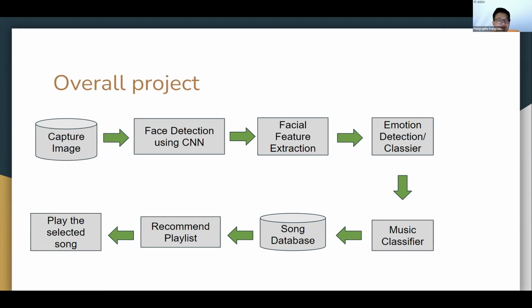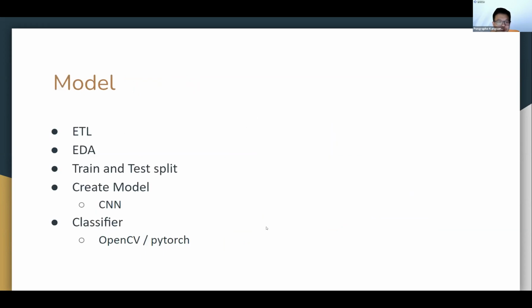I'm sorry, I did expand more on the song as well. And for the model, we will follow the data analysis process. We capture an image, do ETL, EDA, and train and split, and then we create a model with CNN as the base model, and we use the PyTorch library to do the classifier.